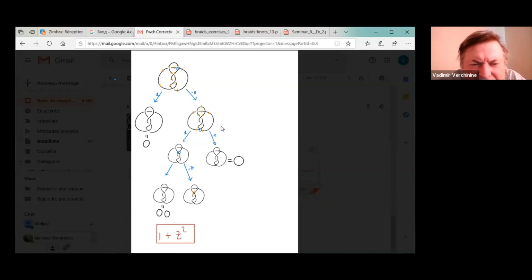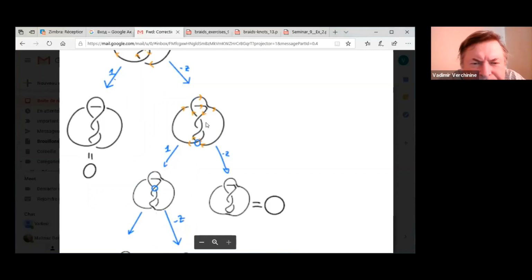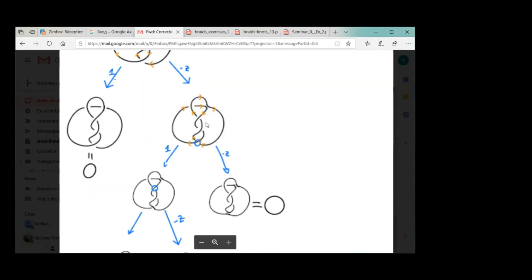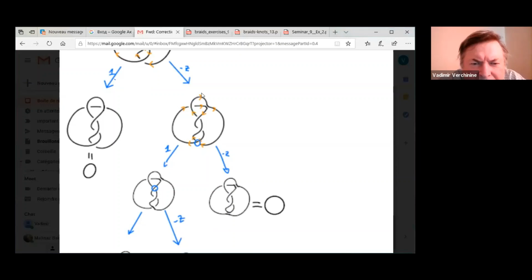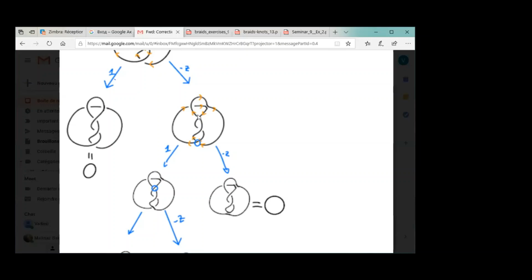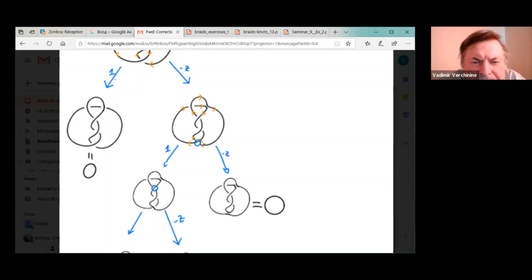I don't think that here is correct. Look, you take this one, then you go this way, and this way, and this way, right?